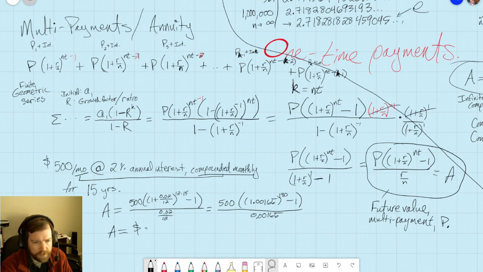Alright, this is going to get us $104,856 and 52 with partial 7/8, so that's 53 cents.